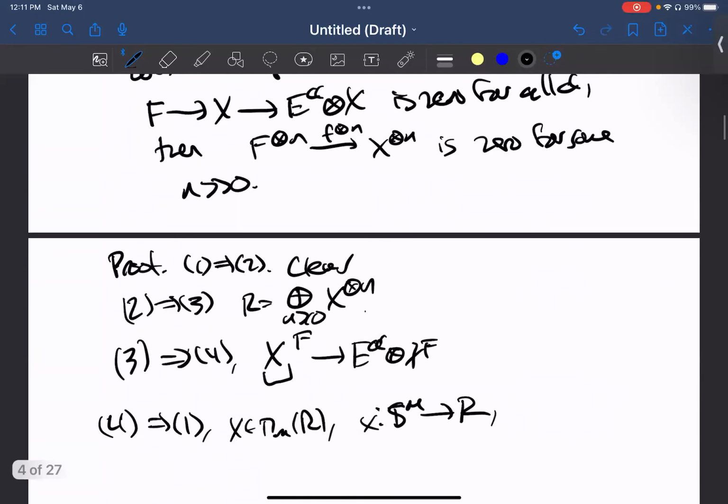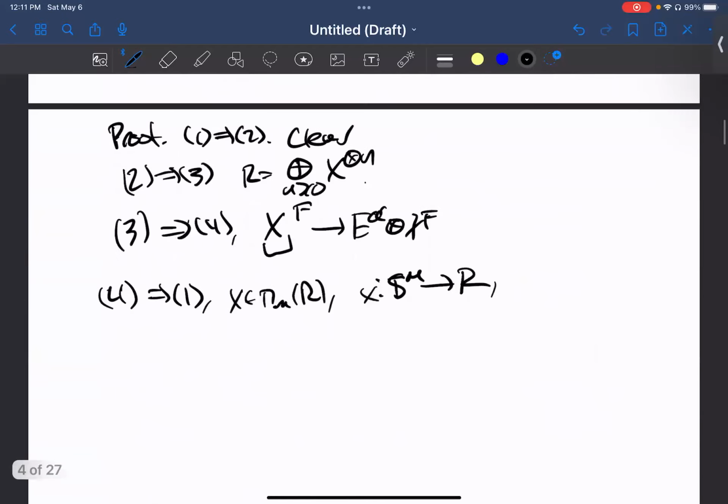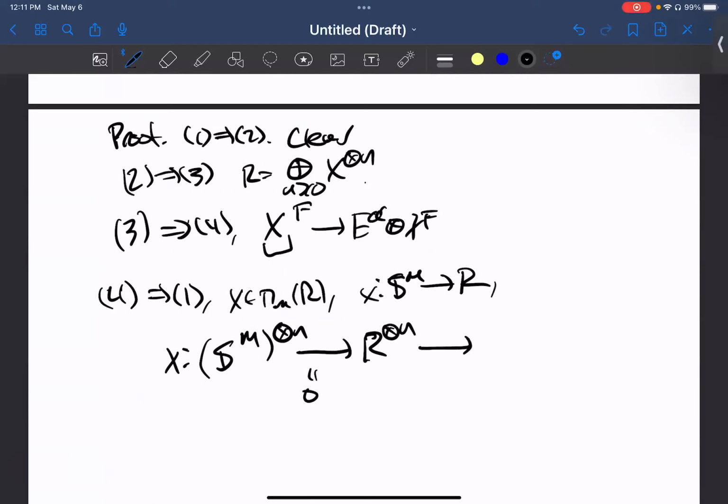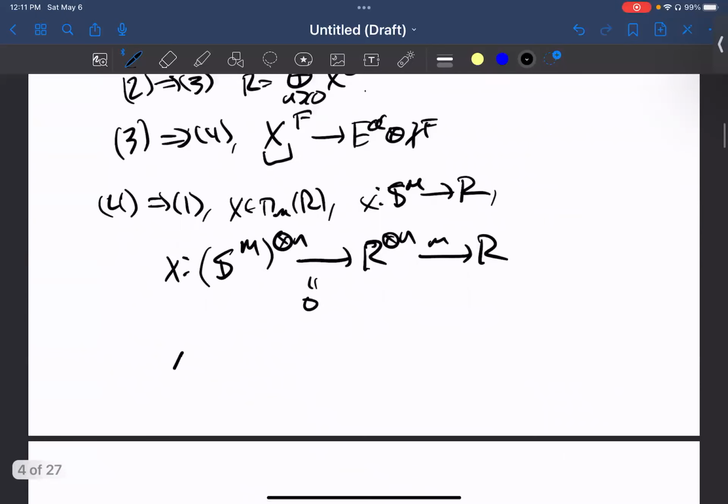If we replace F by this map x and apply 4, we see that for some n, this is equal to 0. And if we compose with the multiplication map on R, then this is exactly the class represented by x to the n in pi star of R. So that implies condition 1.